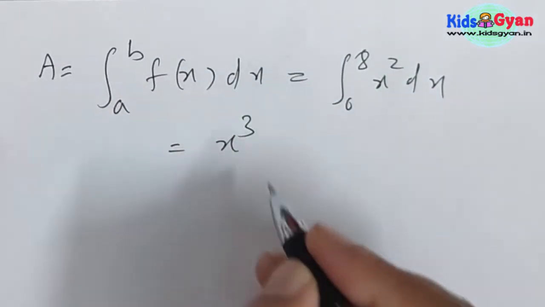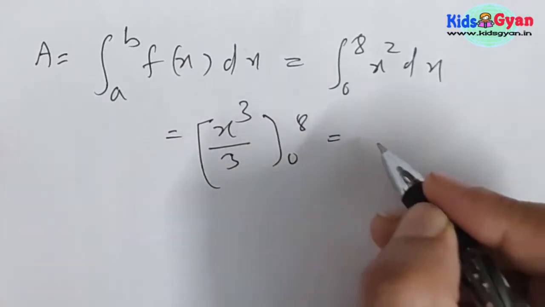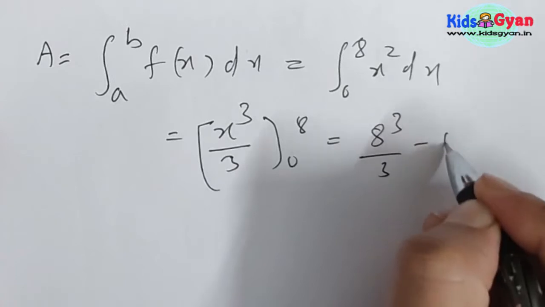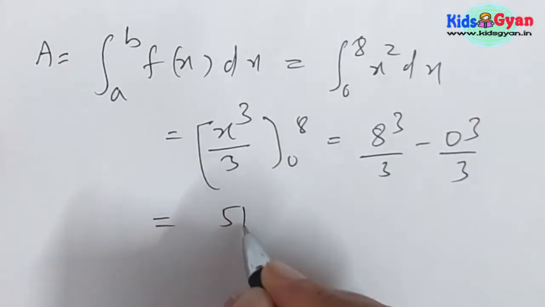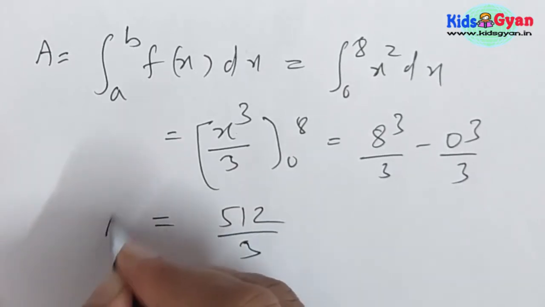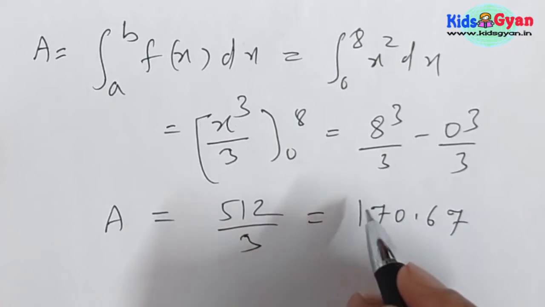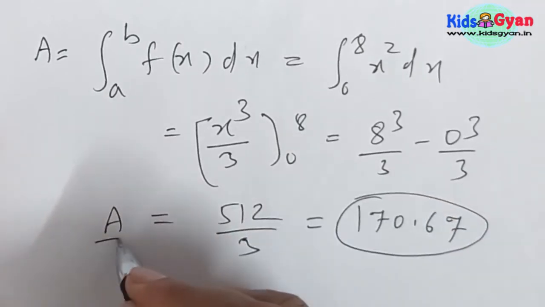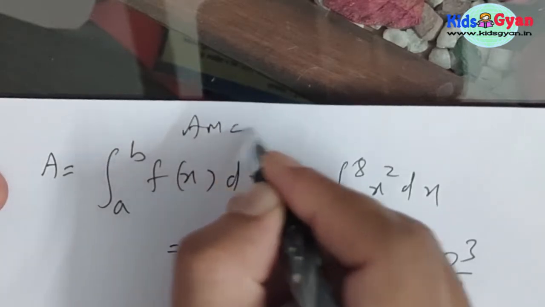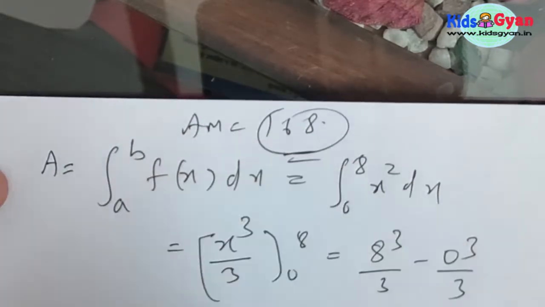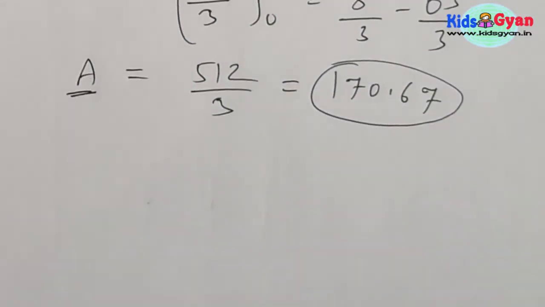After integration it is x cube by 3, limit is 0 to 8, so that is 8 cube divided by 3 minus 0 cube divided by 3, that is 512 divided by 3, so that is 170.67. So this is our actual value, and AM is 168, आया था हमारा. So this is our value by the midpoint rule.